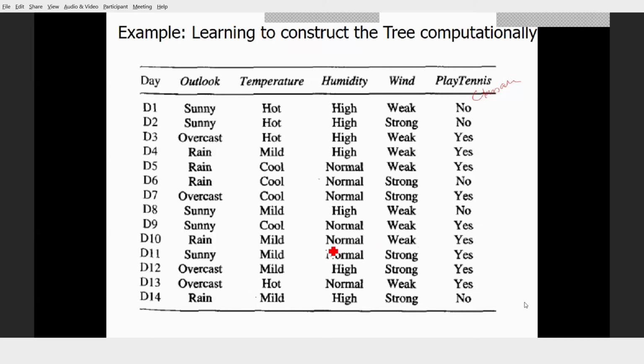We want to generalize what happens when I play tennis and when I do not. Suppose there is a bank manager who needs a decision chart and wants to take a decision based on that decision tree. If somebody comes who is more than 75 years of age, then maybe deny him the loan.